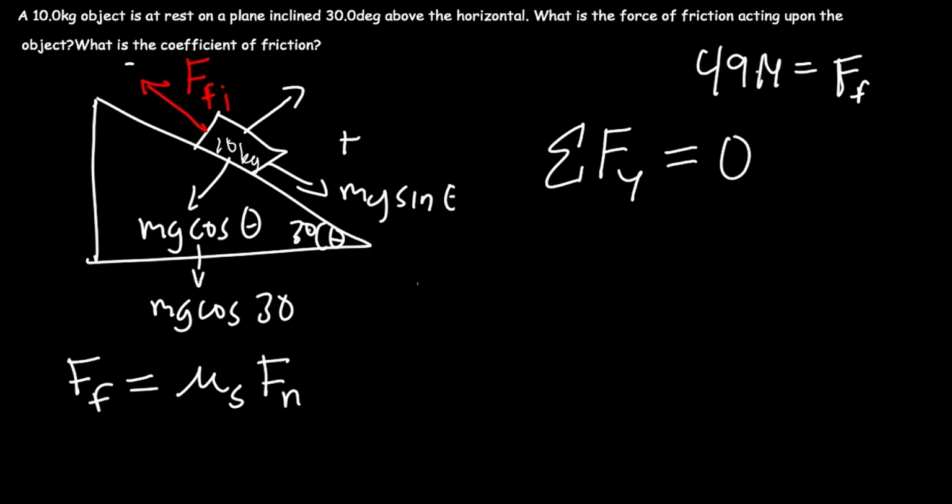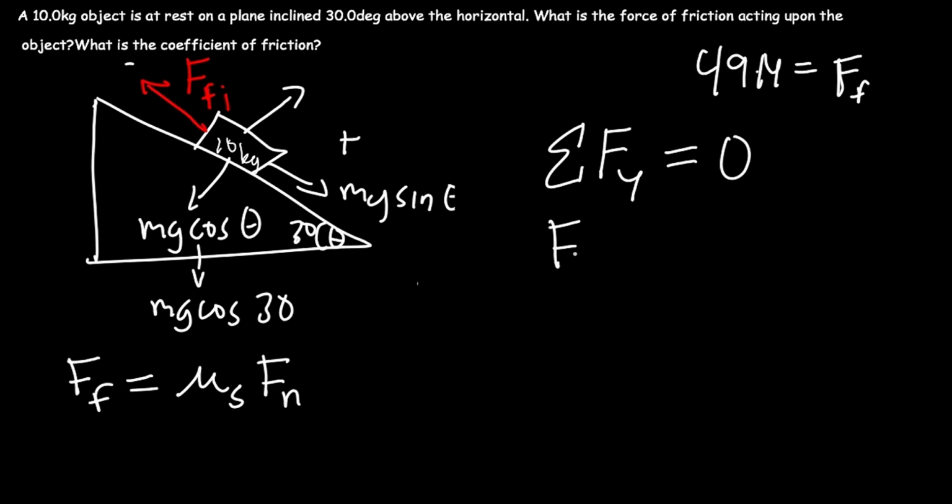So, therefore, stay yan as 0. Now, we need to solve for Fn. Since when we are dealing with formulas, dapat isang variable lang yung nawawala, no? Therefore, we have to solve for Fn, or normal force.